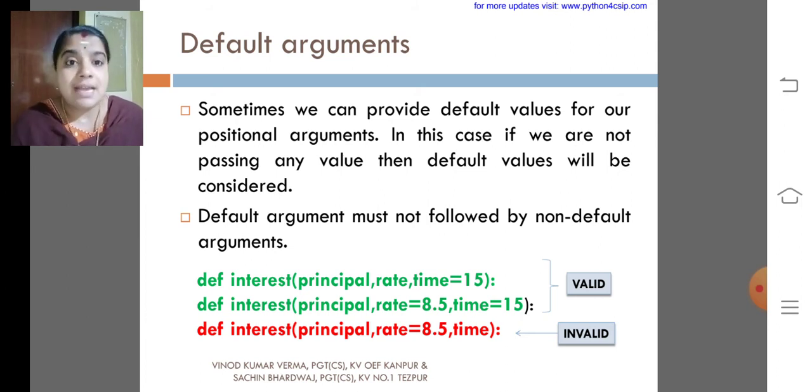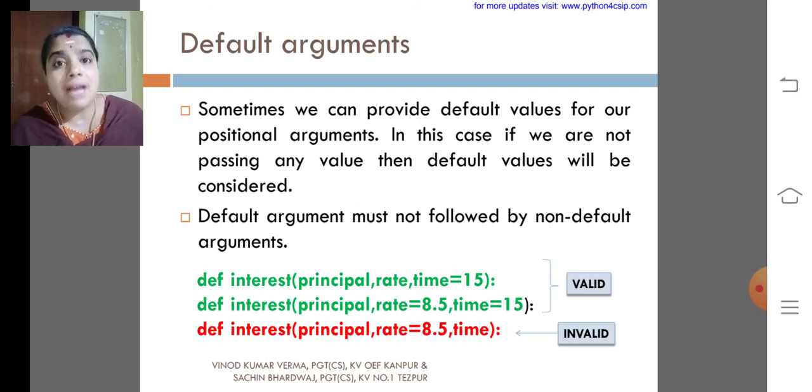Look at the next example. Default interest rate. The first argument is principal, the second argument is rate, and the third argument is time. Here I had provided the default values for rate and time. So the programmer can give only the principal, or principal and rate, or all three, that is principal, rate and time.